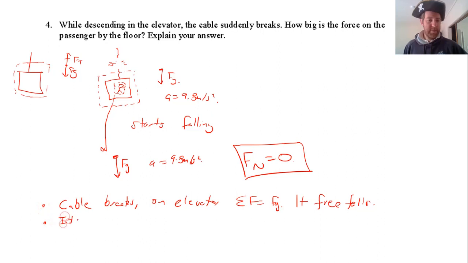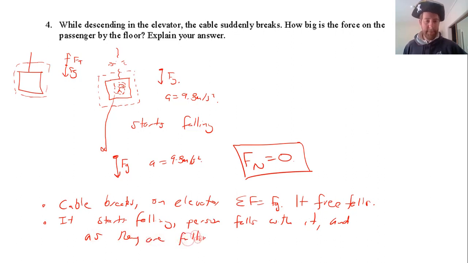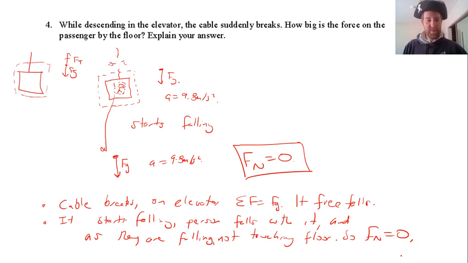And it starts falling. Person falls with it. And as they are falling, they're not touching floor. So Fn equals 0. There it is. If you want to copy it down, just pause and copy it down.